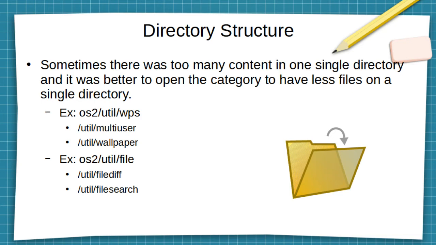So I said, okay, this big chunk of software is for multi-user. Multi-user is that you have a user and password and divide the desktop. So that chunk of software is going to go to a new category called multi-user, and there was another chunk of several software that was for wallpaper. So let's put it in a different category called wallpaper, and let's not make the workplace shell directory so big.